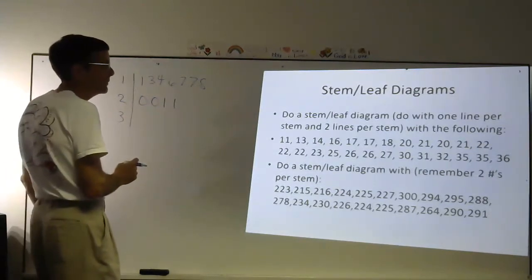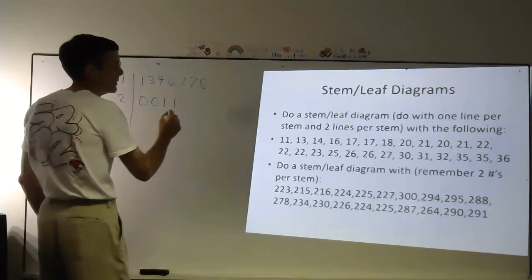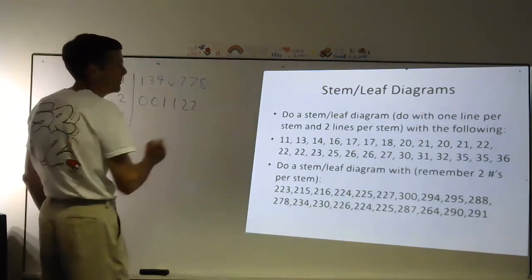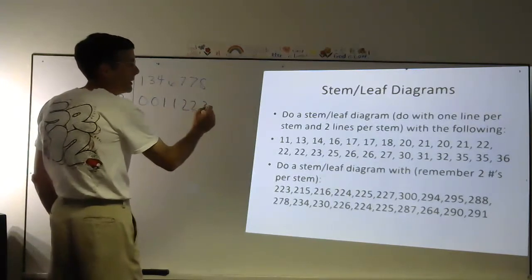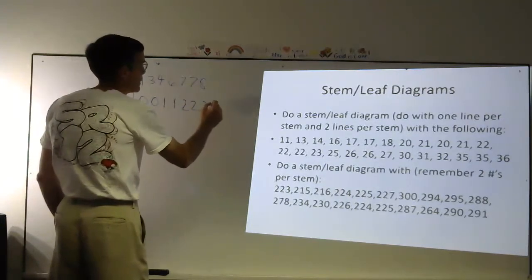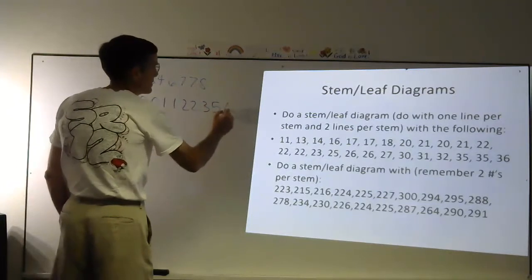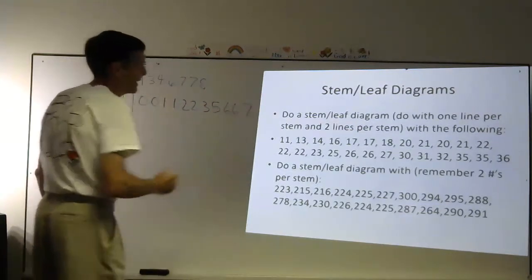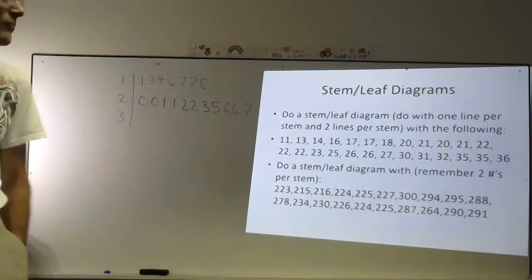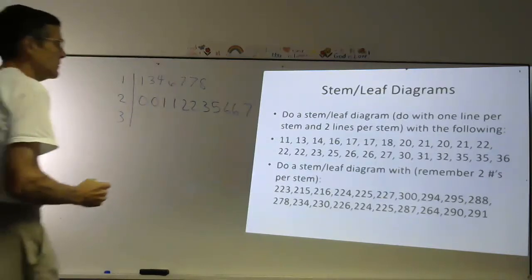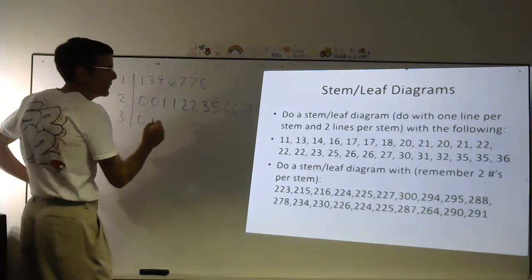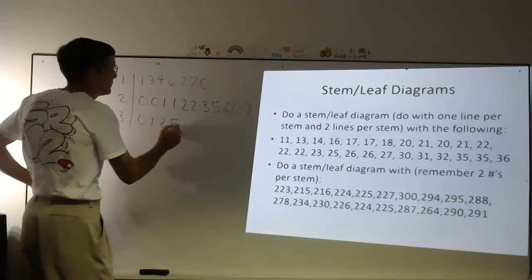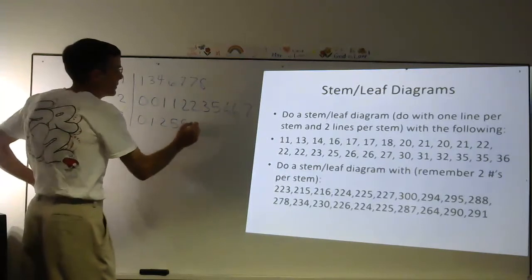I have 2 22s, a 23, a 25, 2 26s, and a 27. Now in the 30s, I have a 30, a 31, a 32, 2 35s, and a 36.